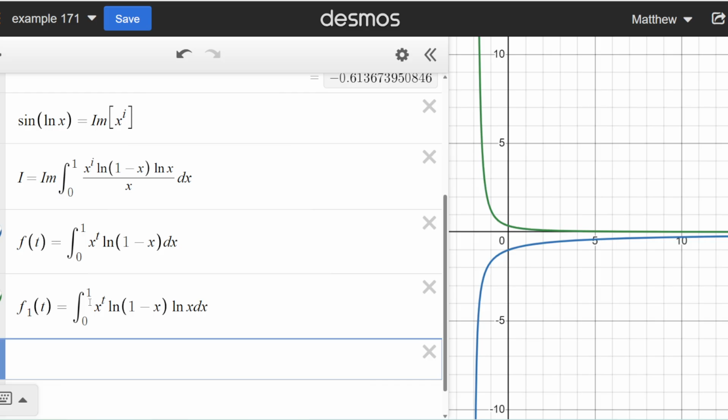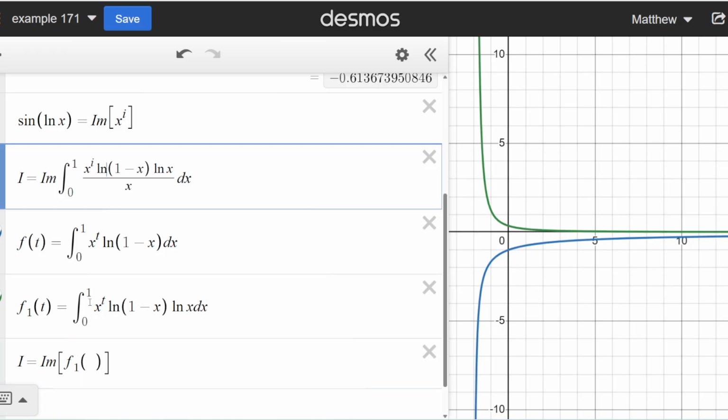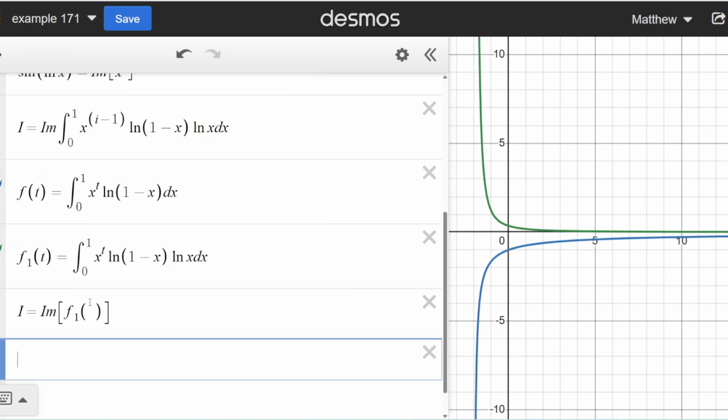So we can say that I is the imaginary part of our f prime of, let's see, our t would need to be, this is an x to the negative 1, so we can say this is x to the i minus 1. So it's going to be the imaginary part of f evaluated at i minus 1.